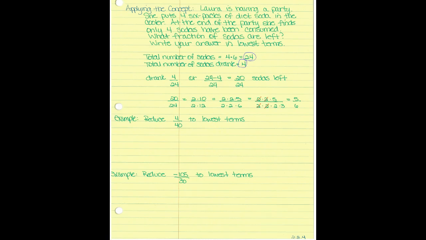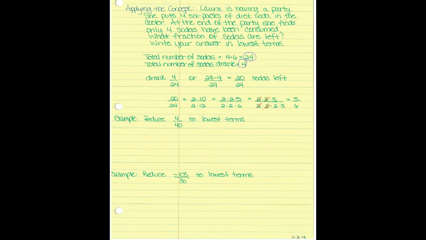20 we can write in its primes as 2 times 2 times 5. And 24 can be written as 2 times 2 times 6. They both have 2's in common. So we can cross those off, leaving us with 5 over 2 times 3, but that's 5 over 6.